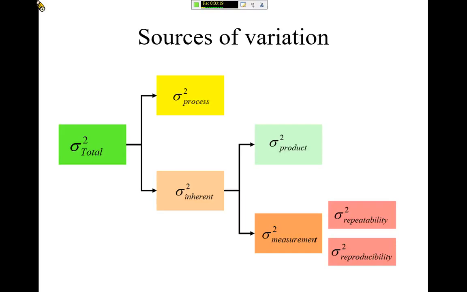The measurement variation can be divided into two subgroups, called repeatability and reproducibility.